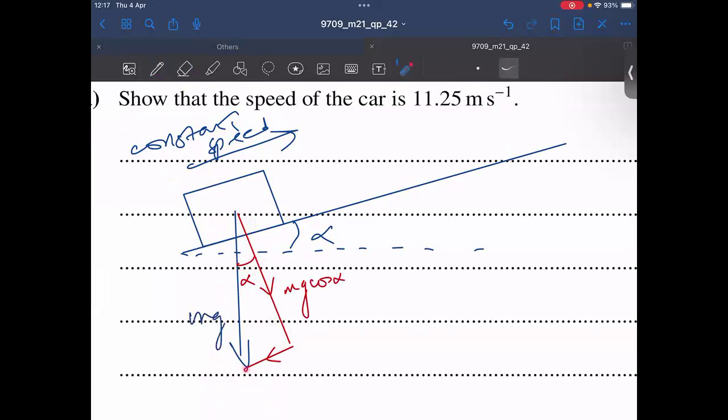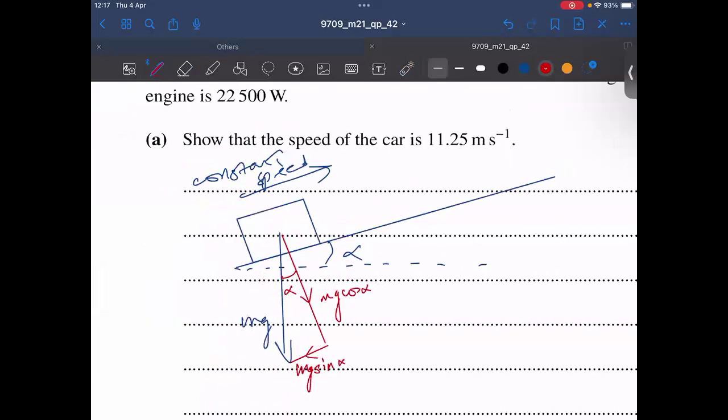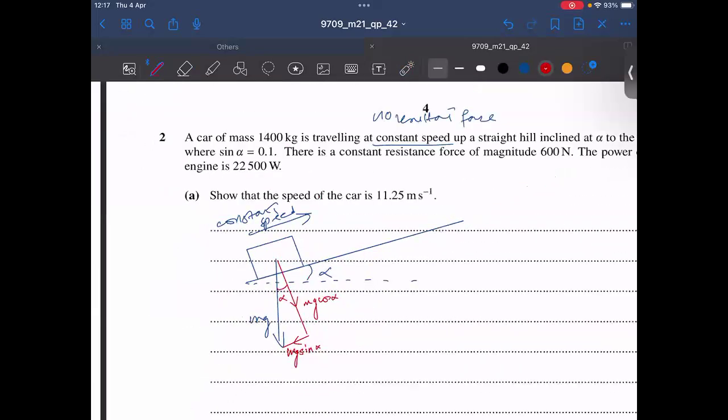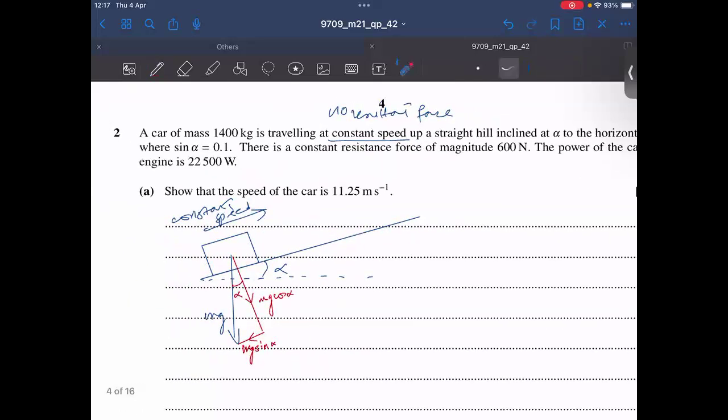And Mustafa, this component is opposite to alpha, so this component is going to be mg sine alpha. Now, what else? We have been given the value of sine alpha, so we're just going to put it in the equation, not right now.